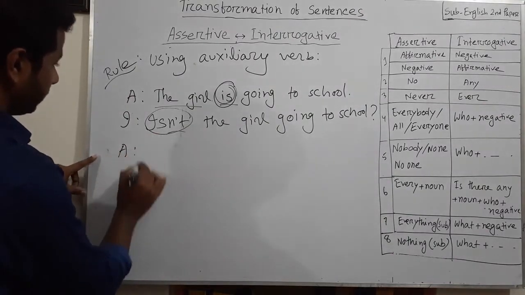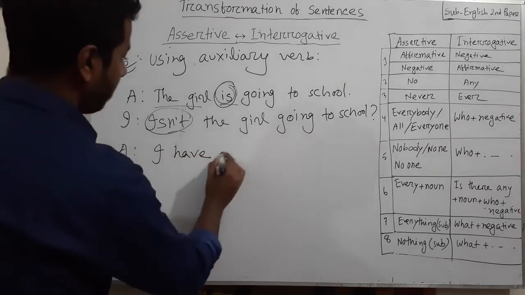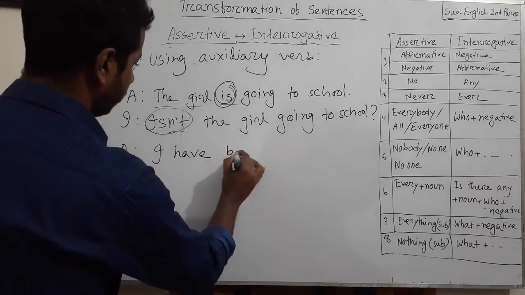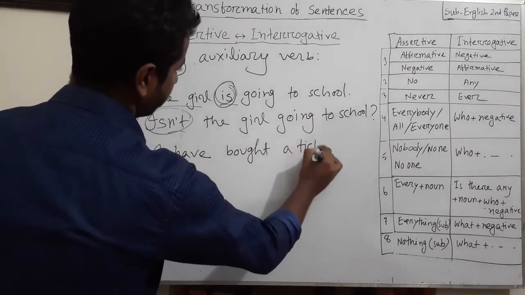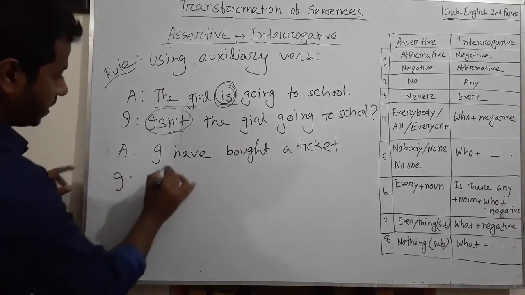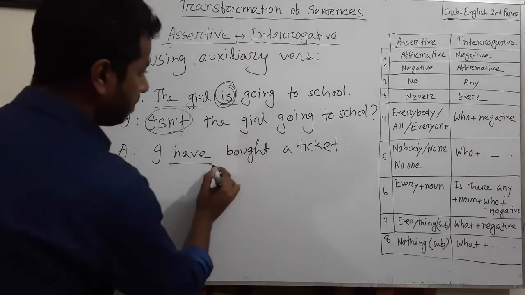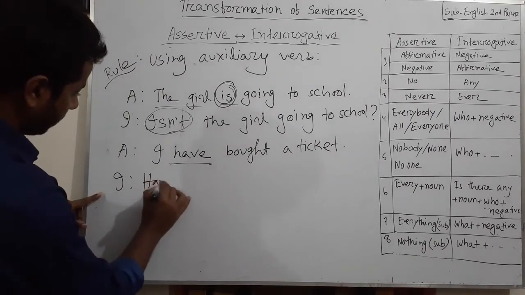Another example: I have bought a ticket. Okay, here is auxiliary verb have, it will be written before the subject. Okay, have.